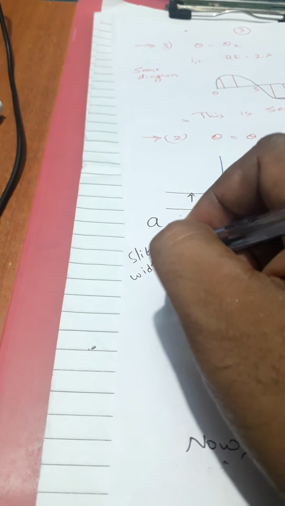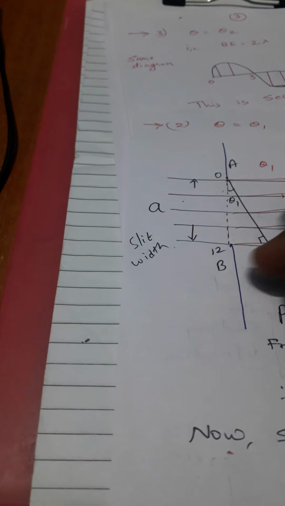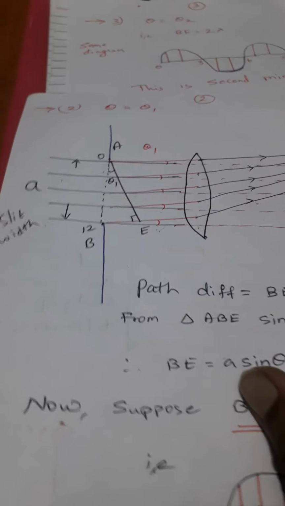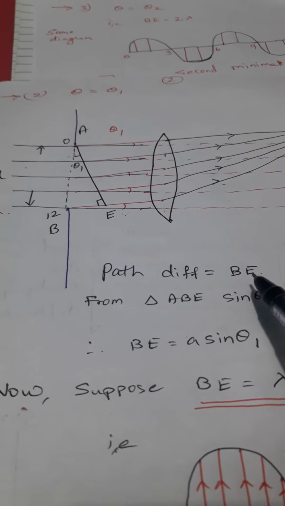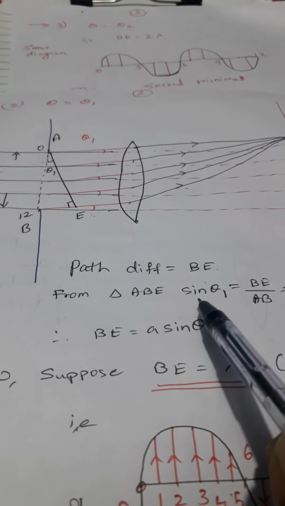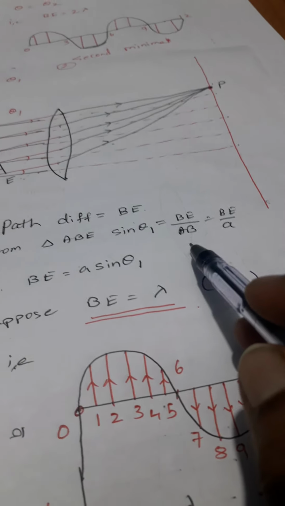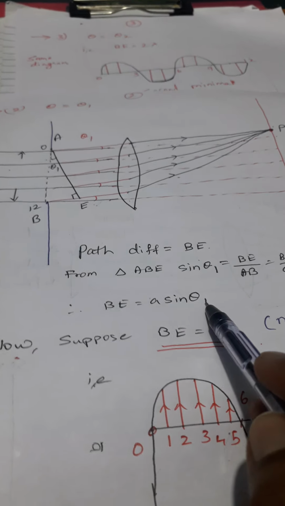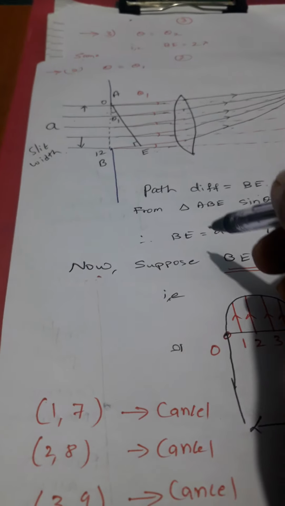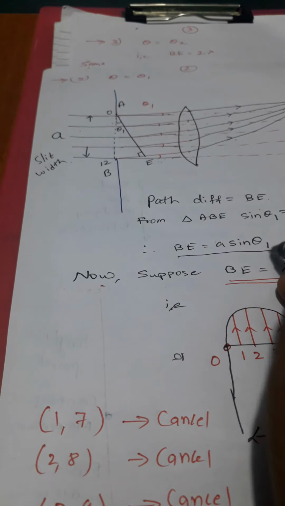If the slit width is equal to a, then with points A, B, E, the path difference is BE. From the triangle, sin theta 1 is equal to BE upon AB, so BE upon a, and BE is equal to a sin theta 1.